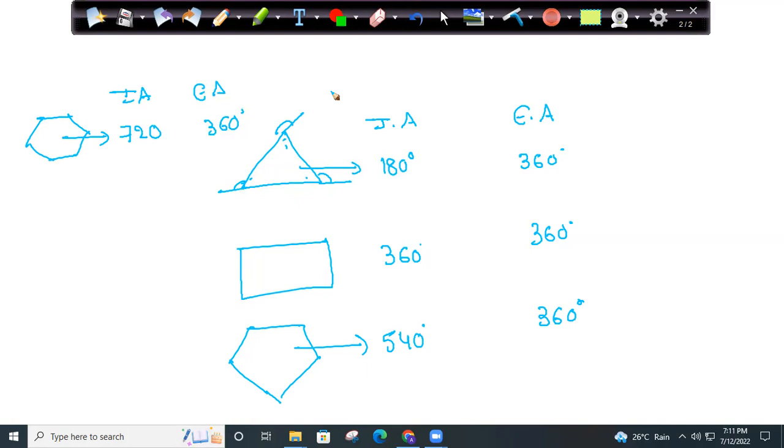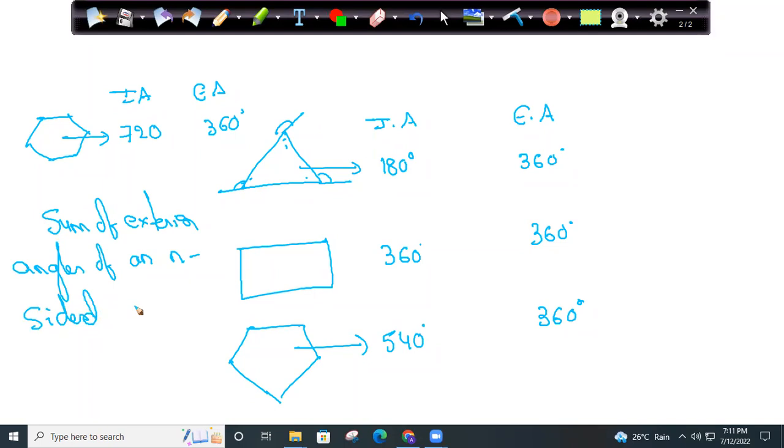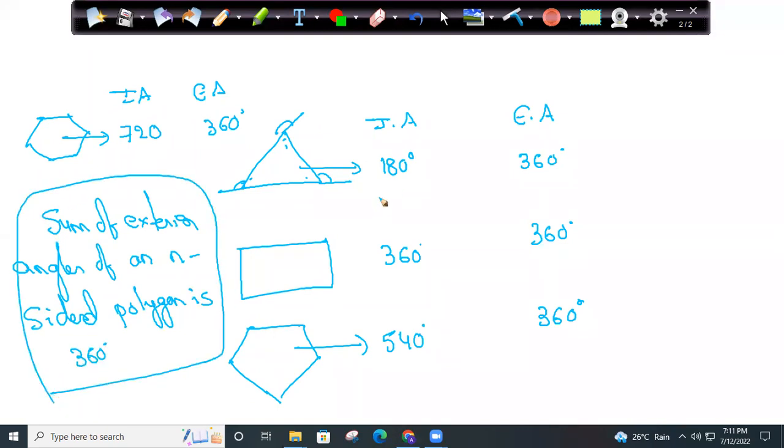So the moral here, which you should know, is that the sum of exterior angles of an n-sided polygon is 360 degrees. Any polygon you take, 10 sides, 20 sides, 100 sides, 10,000 sides, the sum of exterior angles is always 360 degrees.